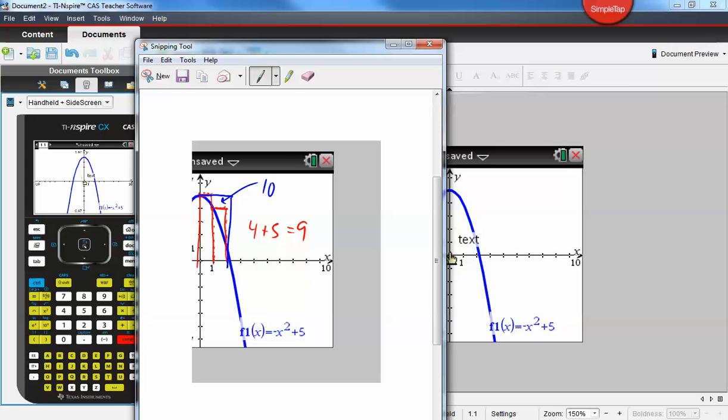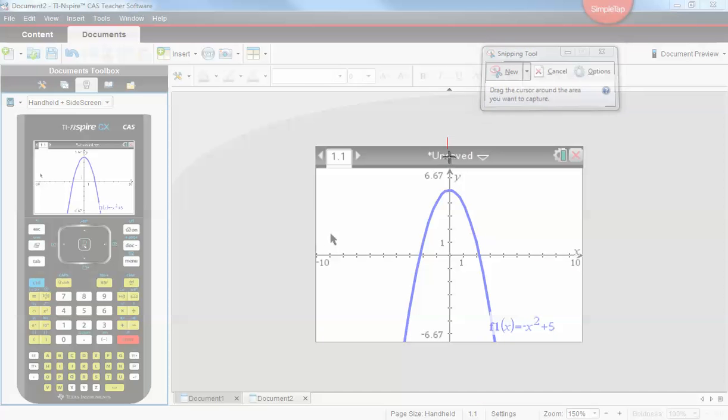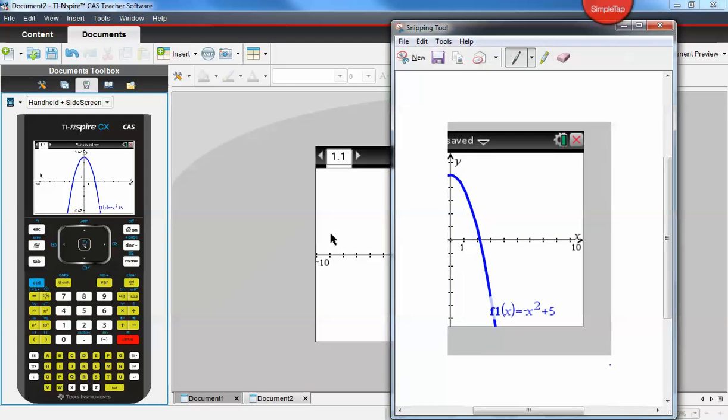Well, what if I took that small space there, and instead of 1 or 2, what if I made 4 rectangles? That means I would need to divide my x values here. If I say from here to here is 2, then, and it may not exactly be, and make 4 rectangles.